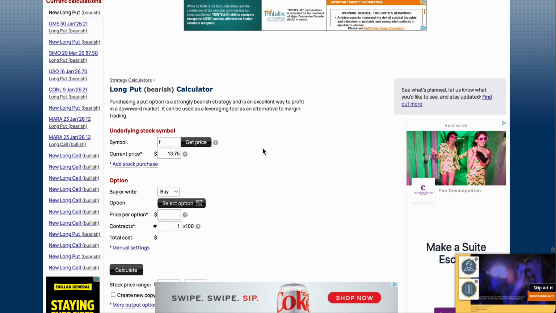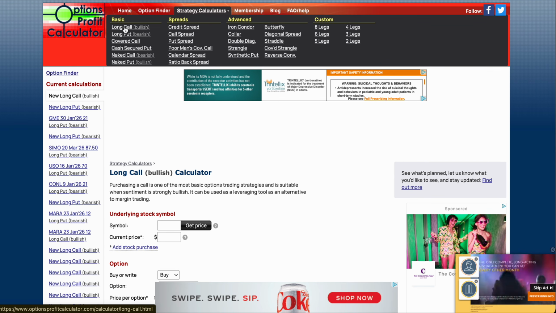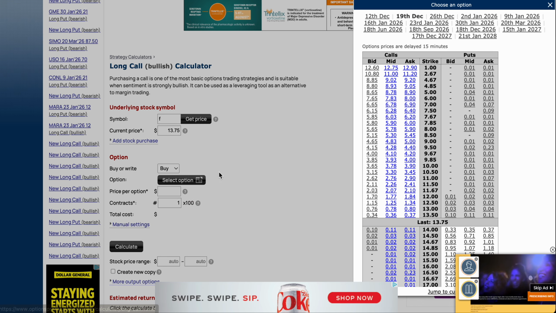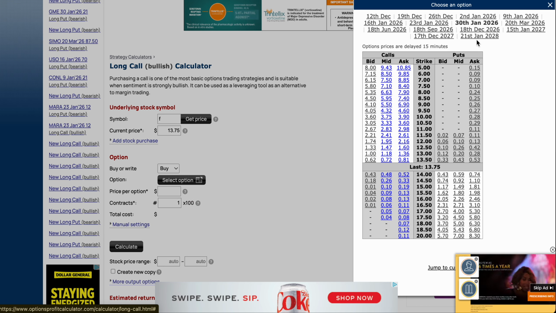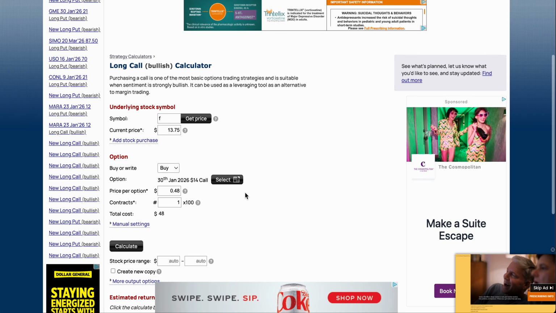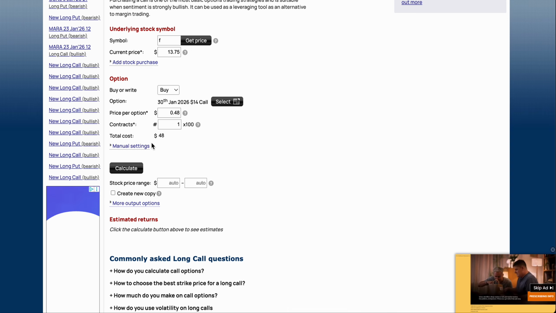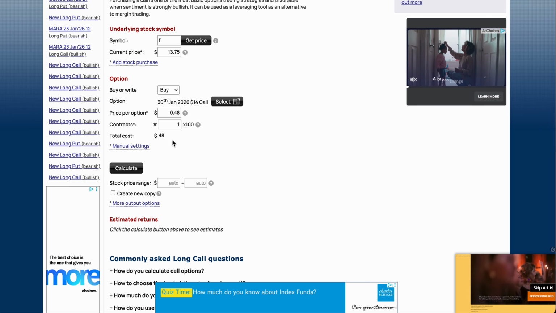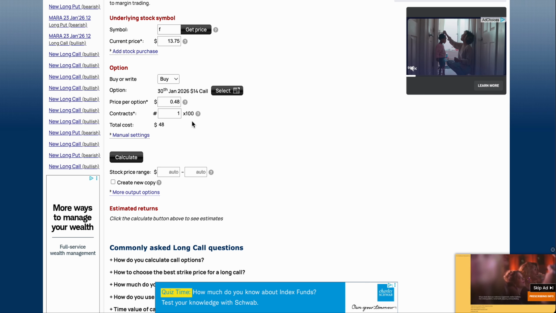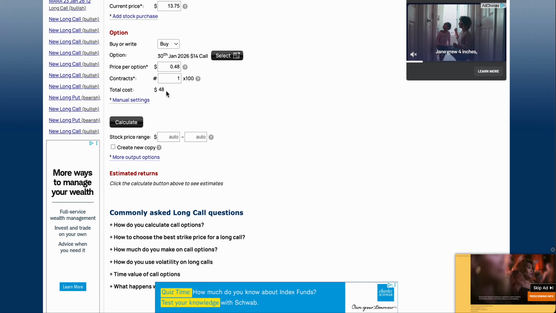And I think we were trying to go long here, not short. Select option 30. I like to go in the money, typically, just so the option's a little cheaper and the volatility is a little higher. That means that each option is $48. If this just expires worthless, it'll be a $48 loss.